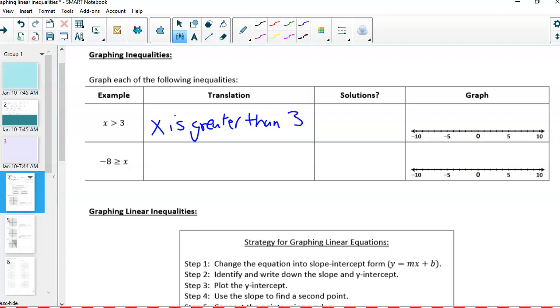So that means what numbers could possibly be solutions to x is greater than 3? 4 and everything above it. So would that be an open or a closed circle? Open. At 3. To the right or to the left? To the right.